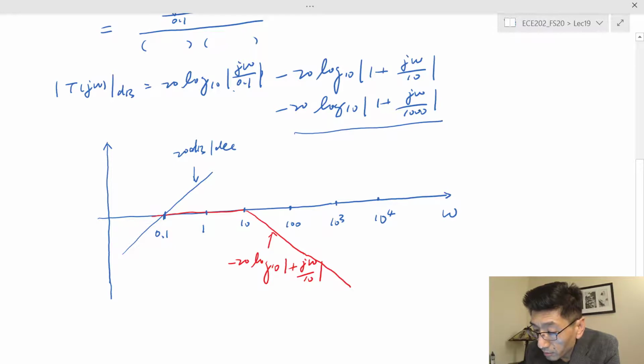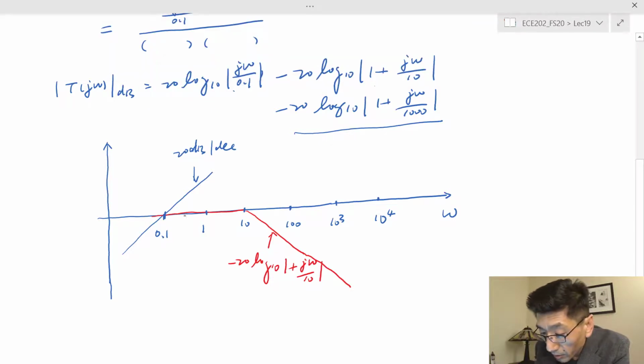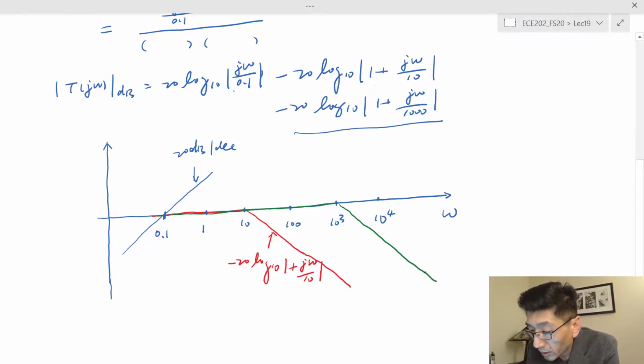The last term is very similar to the second term. Now the only corner frequency is at 1,000 radian per second. So let me redraw the third term: it goes flat and then drops at negative 20 dB per decade.